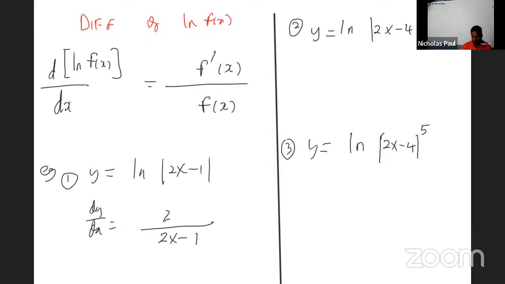Whenever you're doing questions with ln, you have to remember your ln rules too: power rule and division and multiplication, those rules. Sometimes you just need that to simplify it.